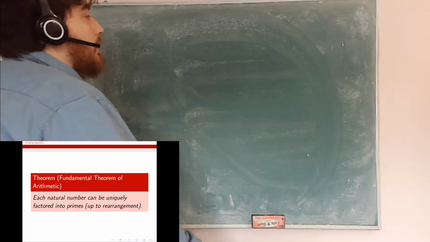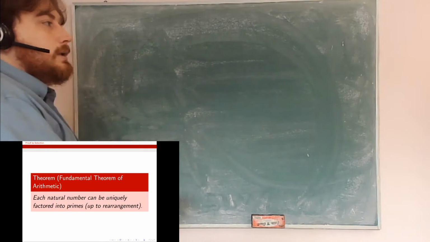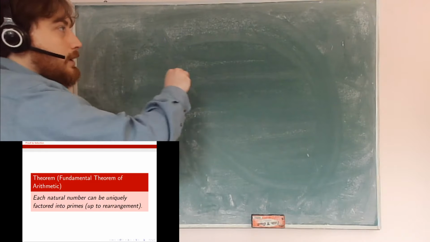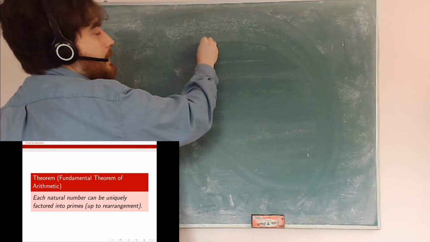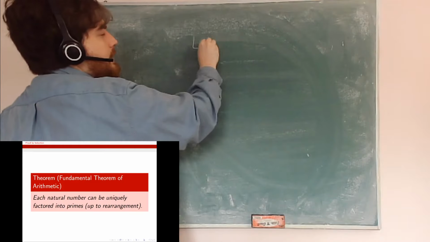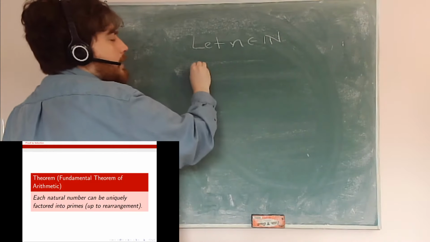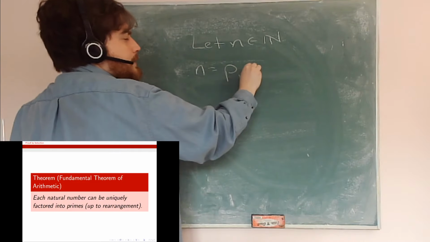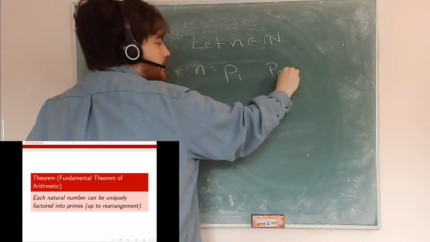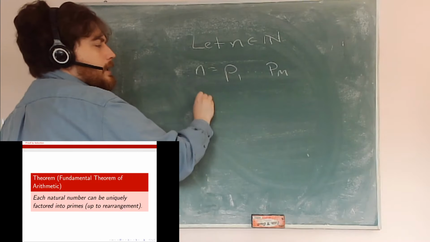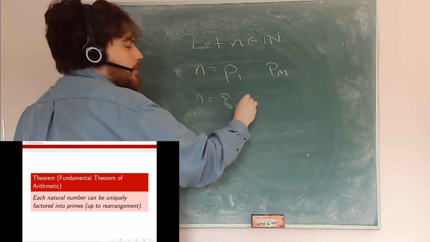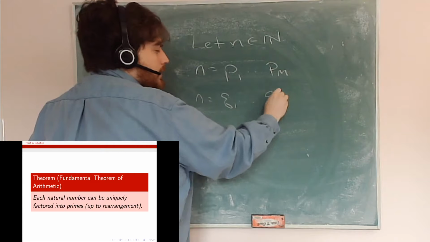Now, what we're going to do is, we're also going to use an inductive process here. Let's assume that we have a natural number. So let n be a natural number. We know that we can write n as the product of primes, we'll say p1 through pm. But let's suppose that n can also be written as the product of primes q1 through qk.